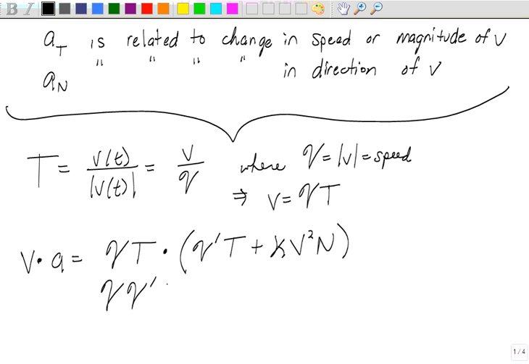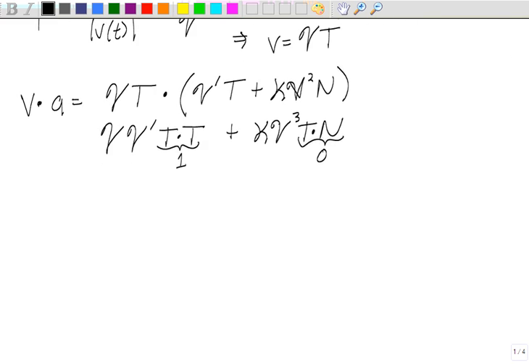That's v prime T dotted with T, which is 1, because it's the unit tangent vector, and this is script v, and this is 0 because they're perpendicular. The tangent and normal vector are perpendicular.